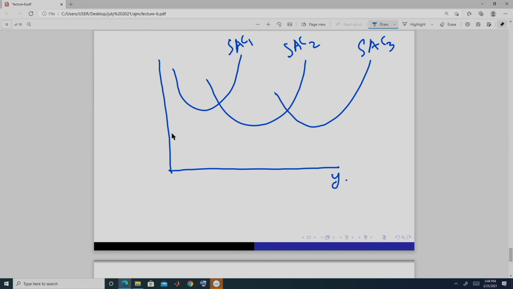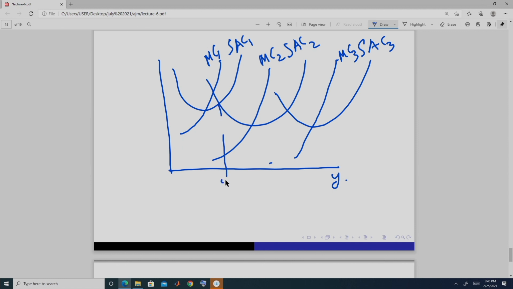Suppose this plant has a marginal cost curve of this nature, this has a marginal cost of this nature, and this has a marginal cost of this nature. Now, we know we will produce till this output in plant 1, so our marginal cost is going to be this.